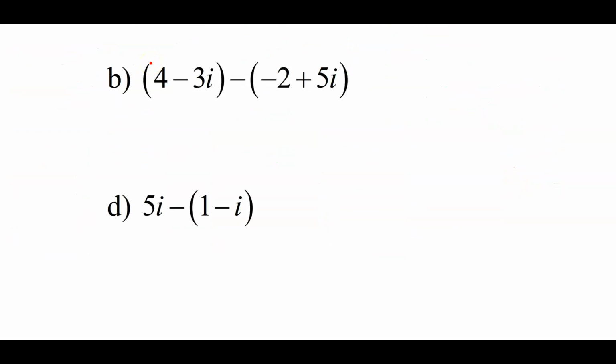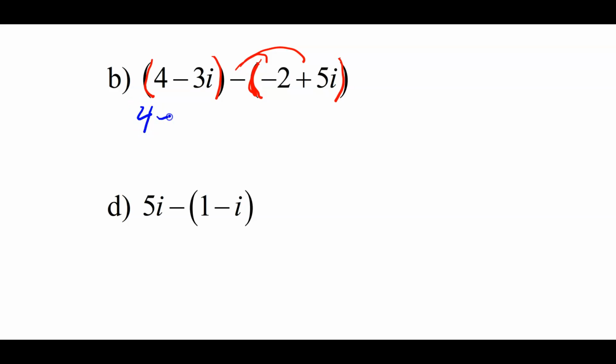Okay, so now what we would like to be able to do is add or subtract complex numbers. So they work a lot like polynomials. If we're taking one complex number, 4 minus 3i, subtracting a second complex number, negative 2 plus 5i, we want to remember that this negative actually means subtract the whole number. So we're going to want to distribute that negative.